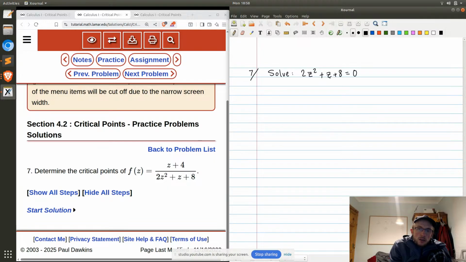b squared is just going to be 1, and then minus 4 times a times c. Well, that'll be negative. So no roots. So that will never be 0.